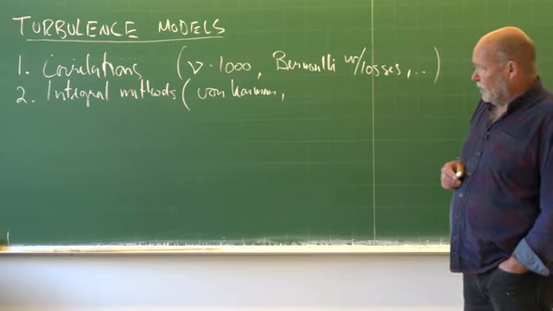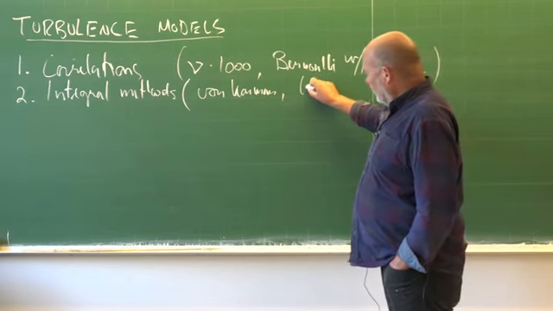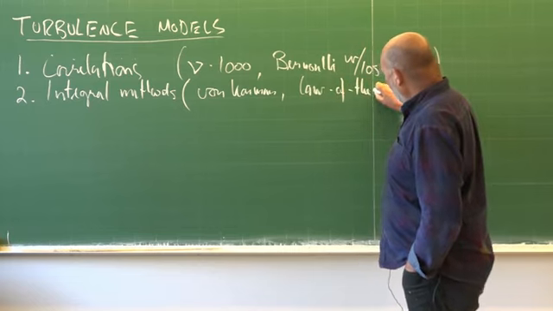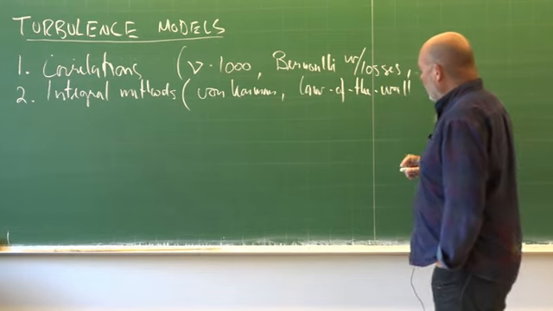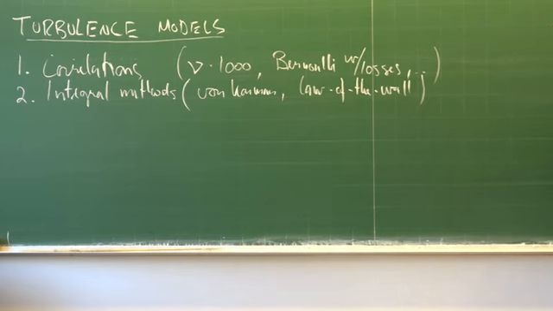Also another integral method, I think it belongs here: the law of the wall. There, it's also based on some empirical correlations, some hypotheses, but still you will have a mathematical expression for the velocity profile close to a wall.